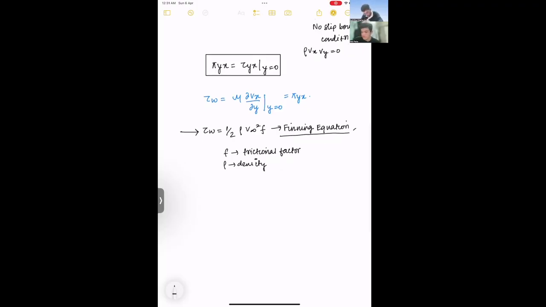Now we will substitute this equation in our generalized drag force equation. As density is constant and velocity of the flow stream is also constant, we can take them out of the integral.